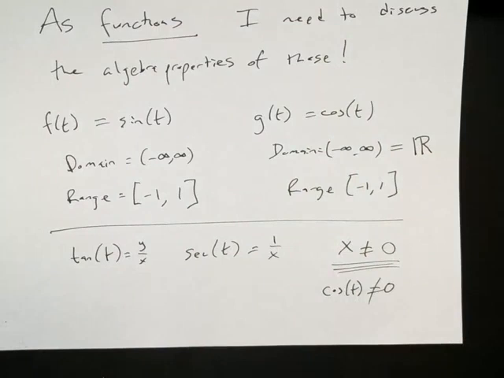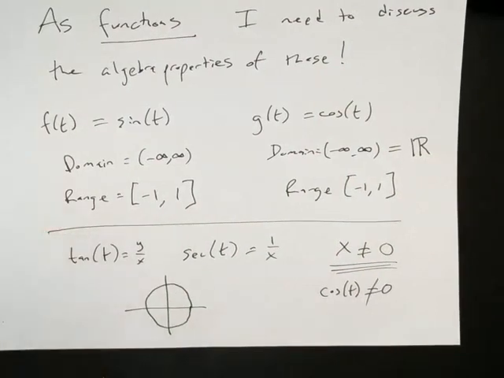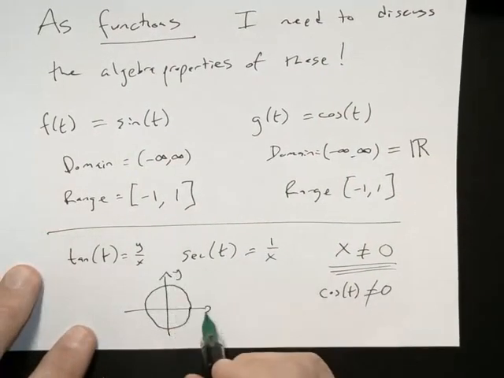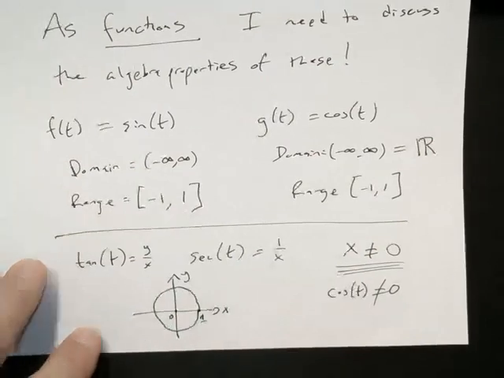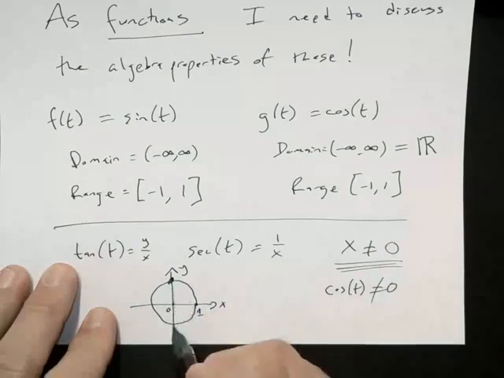Oh, let me look back at my circle for a second. What points on this circle have x equal to 0? (0, 1) and (0, -1), up here and down here.